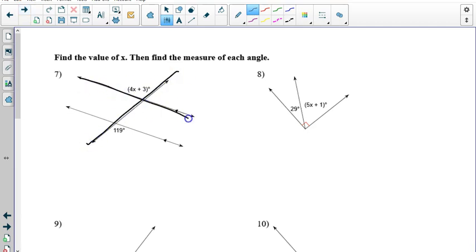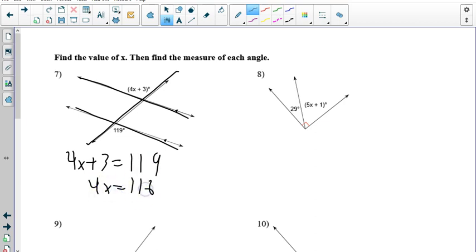Alternate exterior. We just said those are equal. So we do 4x plus 3 equals 119. Don't have a lot of room, so I'm just going to subtract 3. 4x equals 116. And 116 divided by 4 is 29. So x is 29.